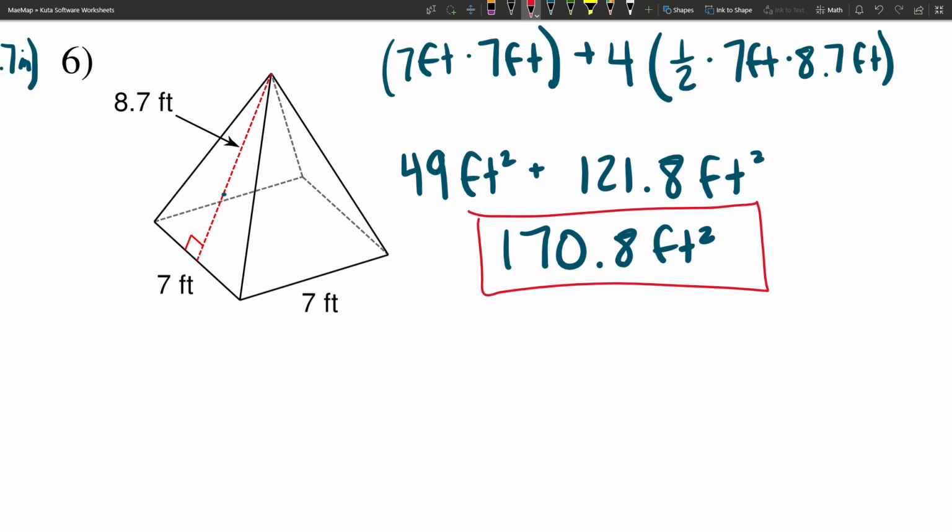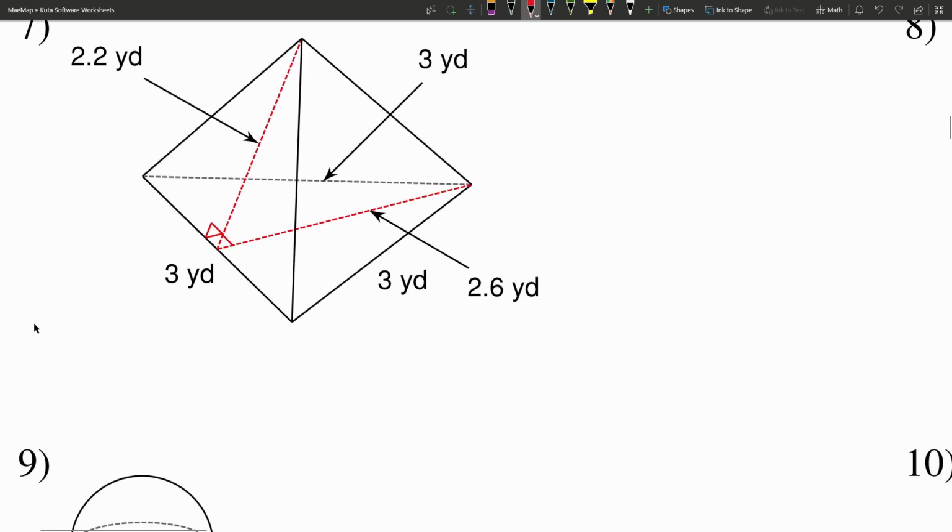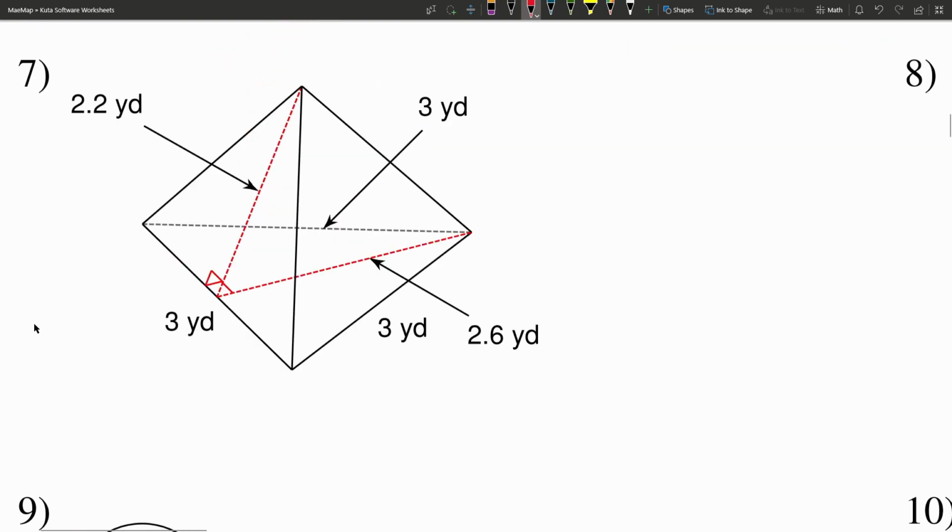Let's move on to number 7. Number 7, again, we have a pyramid, except the base of this pyramid is a triangle itself. So let's go ahead and calculate the area of this base at the start, which I'll outline for us. We have 3 yards by 3 yards, and this other side is also 3 yards.